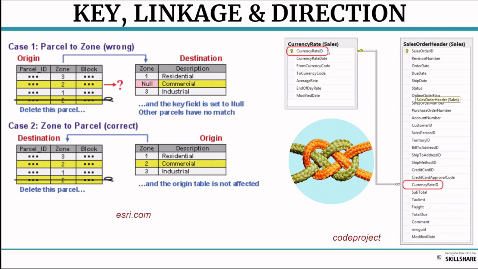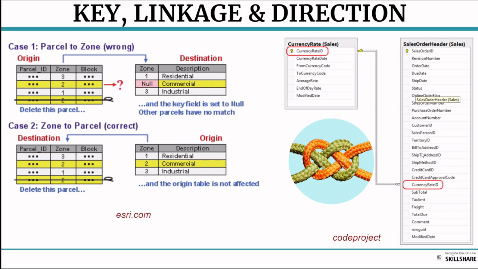However, we have a currency rate ID here, and we have currency rate ID there. Now, the question you ask yourself is, this is a currency rate data, so we are fine if it has currency rate ID. But what is currency rate ID doing in the sales order header table?